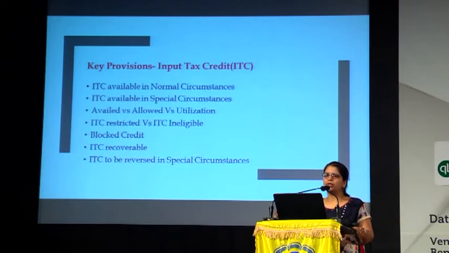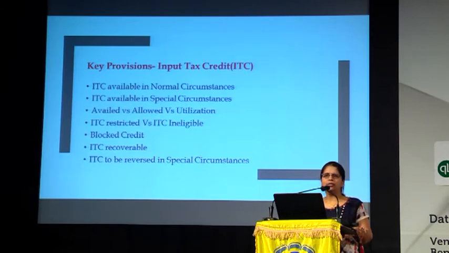That is called restricting your input tax credit to that extent. Whereas when we are talking of it as ineligible, it means it is ineligible because you have used it for non-business purpose, you have used it for a specified purpose, or it is a block credit. So that way you can call it an ineligible credit. Actually, first of all, it should be eligible to become an ineligible credit. So that way we have to understand the restricted credit and ineligible credit.